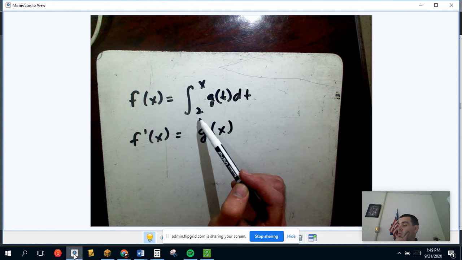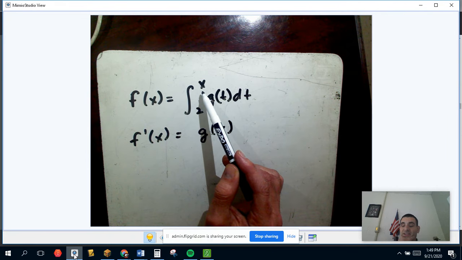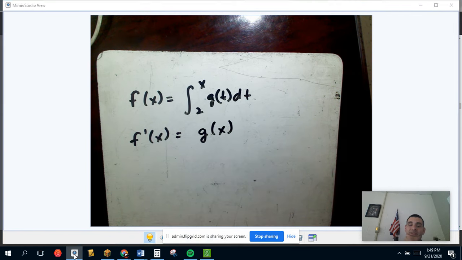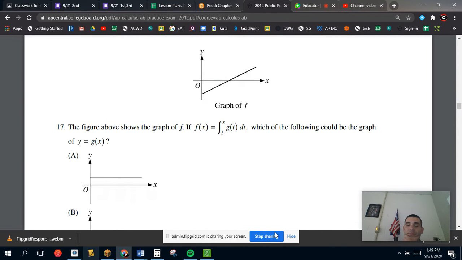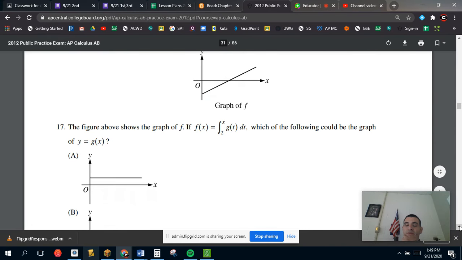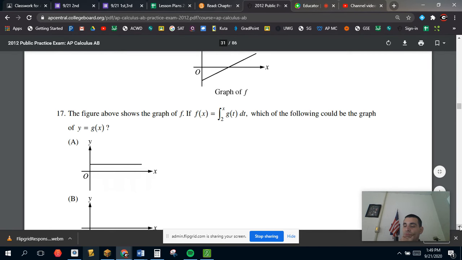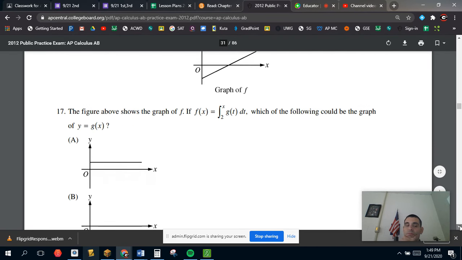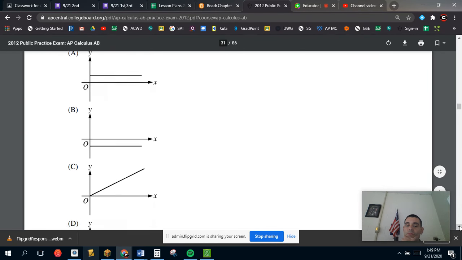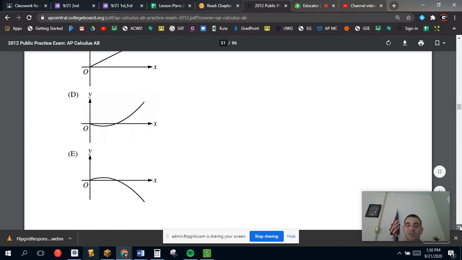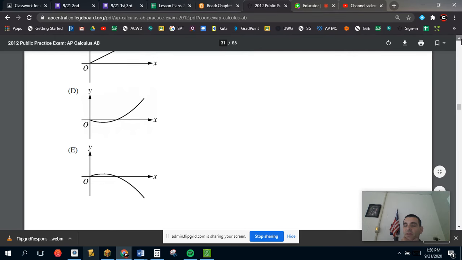You have 2 and x here, if I wrote that down correctly. So remember your fundamental theorem of calculus, and let's look at each of these answer choices. Which one could be g of x?